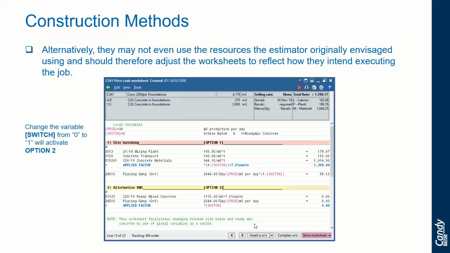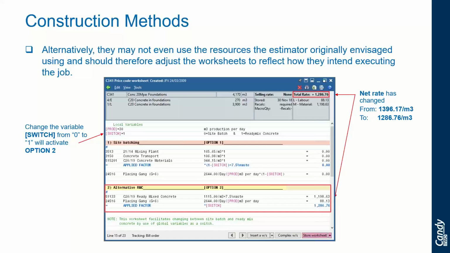So by applying a switch, we can have a clear indication of how our rate will be for side batching as compared to using ready mix or vice versa. Therefore, different construction methods can be applied by the site team to reflect how they intend executing the job on site.